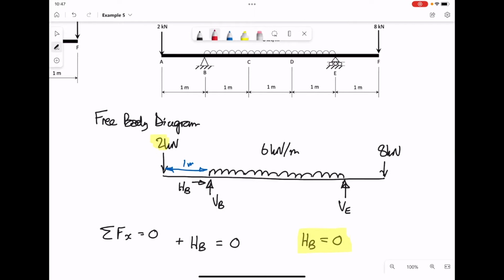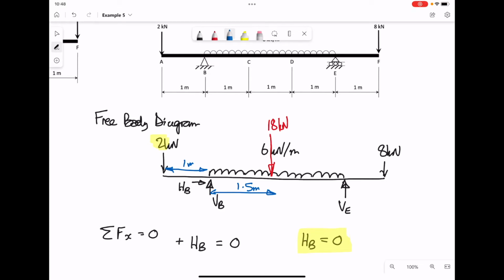So the UDL is 6 kilonewtons per meter. It's stretched over 3 meters. So the total weight from the UDL is 18 kilonewtons, and we position that in the center of the UDL. Distance from B to the center of the UDL is 1.5 meters. Moment produced will be 18 times 1.5.